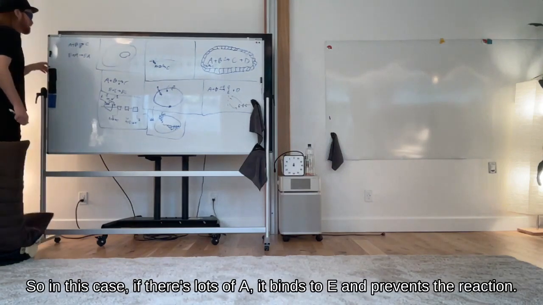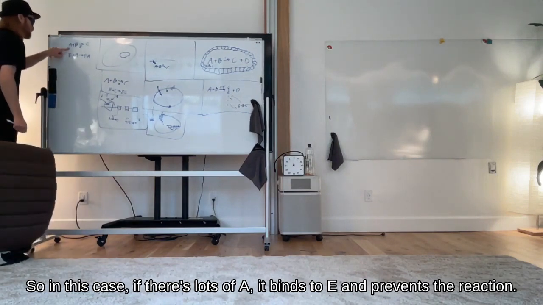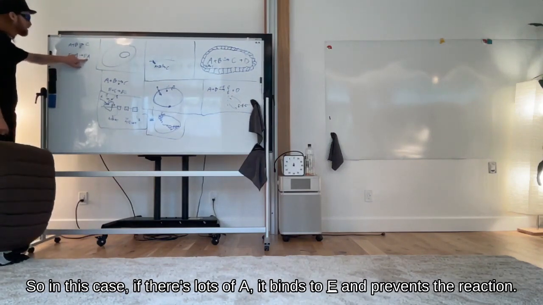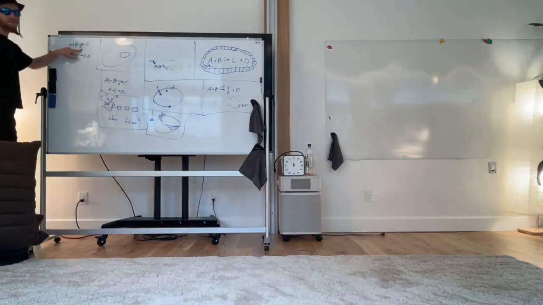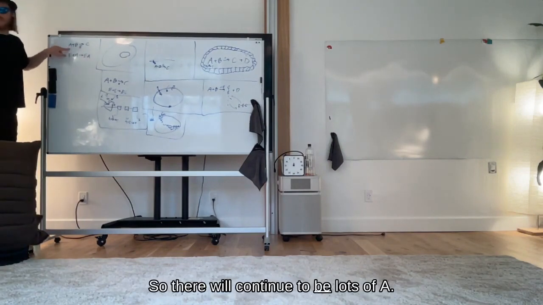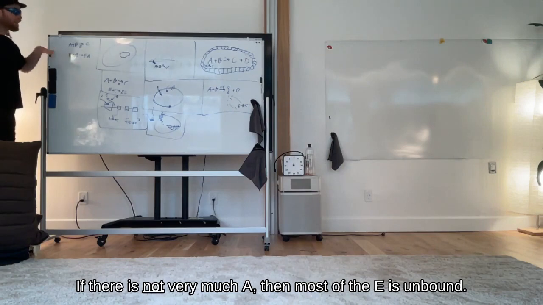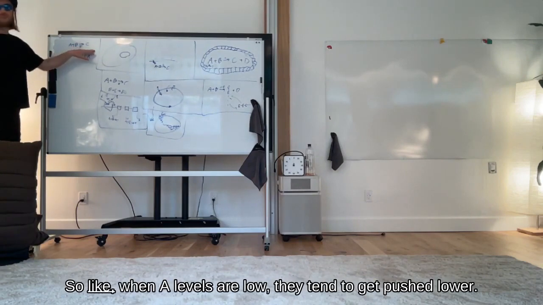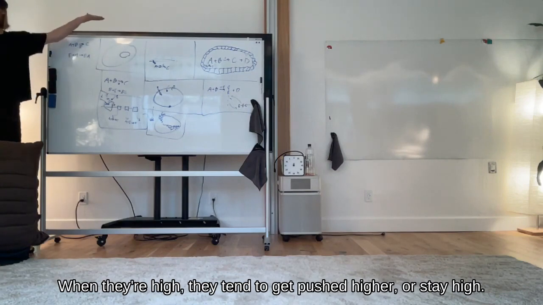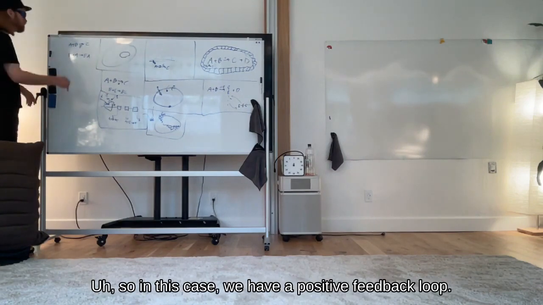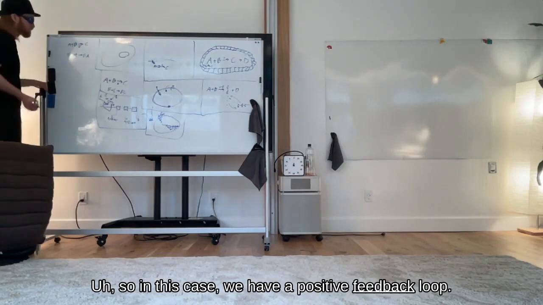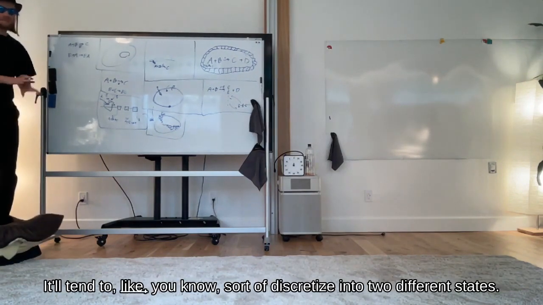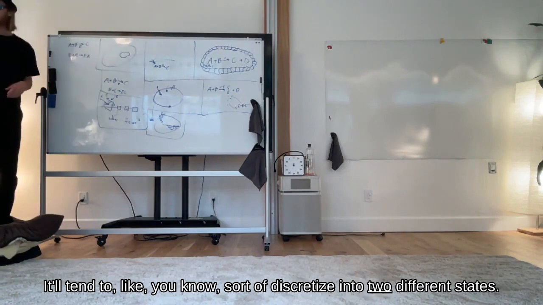So in this case, if there's lots of A, it binds to E and prevents the reaction, so there will continue to be lots of A. If there is not very much A, then most of the E is unbound, and most of the A will be turned into C. So when A levels are low, they tend to get pushed lower. When they're high, they tend to get pushed higher or stay high. So in this case, we have a positive feedback loop. It'll tend to discretize into two different states.